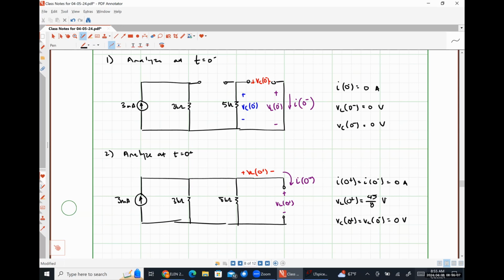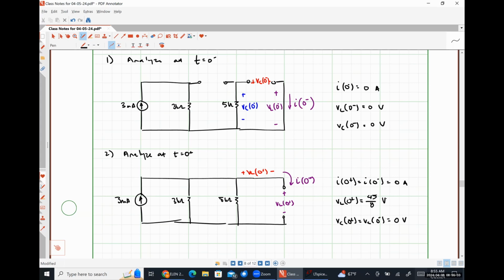Anybody have any problem with our analysis here? Patrick? What is VL at 0 plus? So in this case or in general? Just in this case. So let's revisit a couple of things from circuits one.